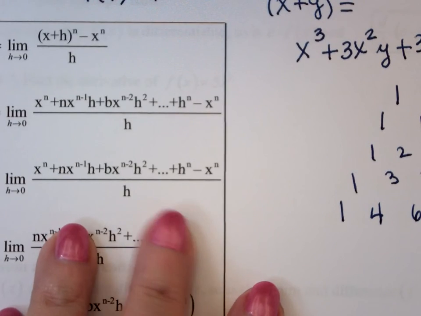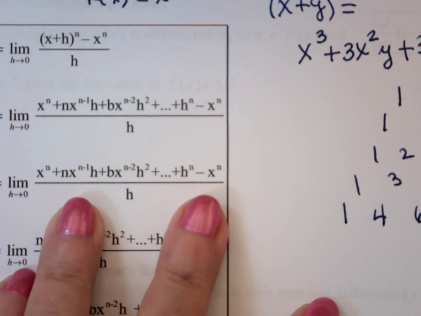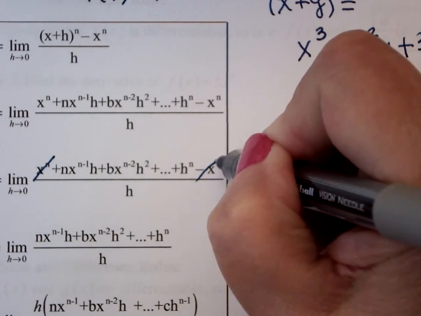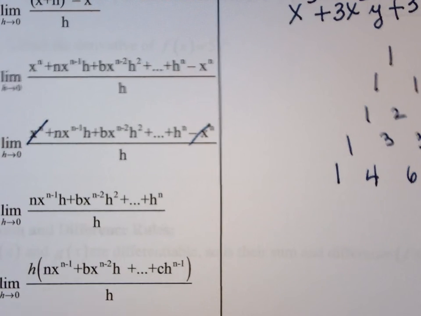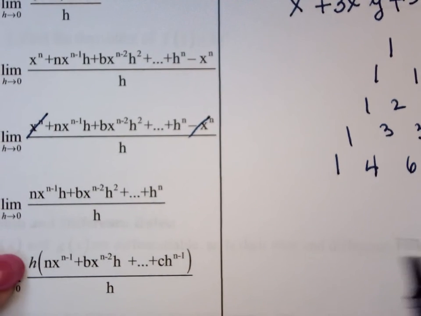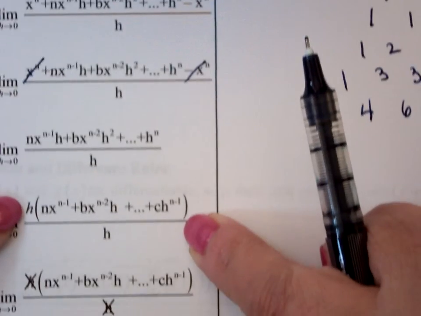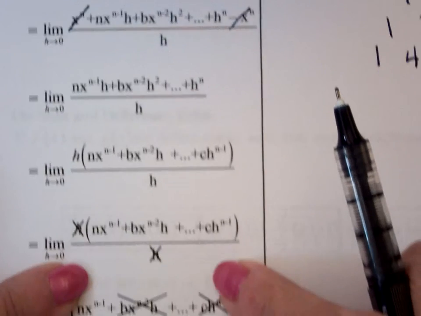So when I expand it out, you notice that the x to the n's add to 0. And every term that's left has a greatest common factor of h. The h's reduce out.